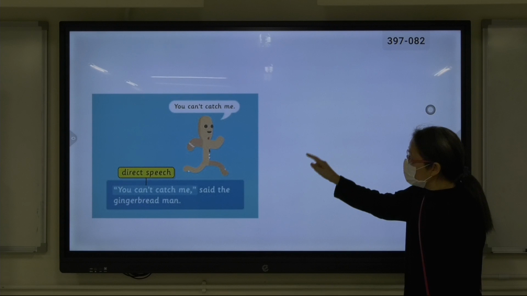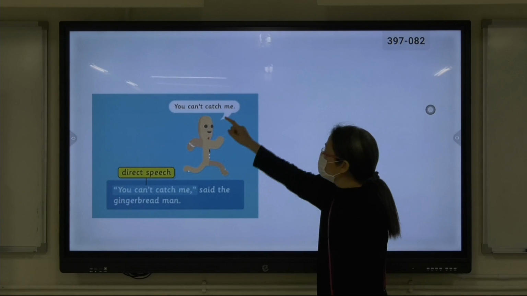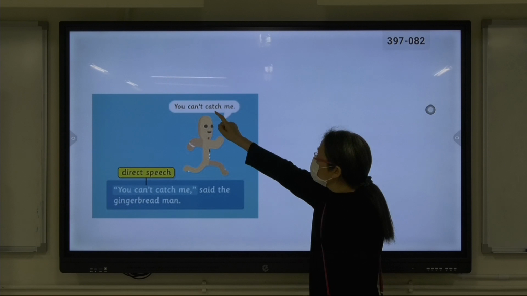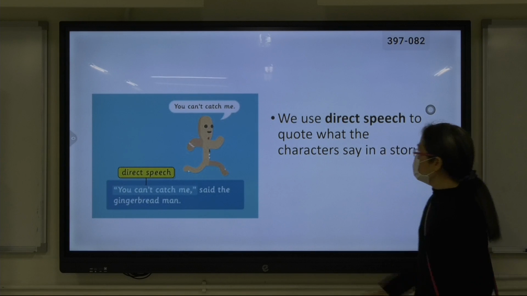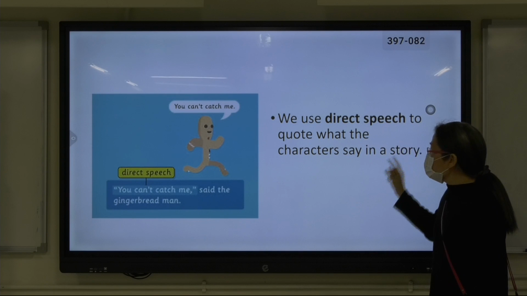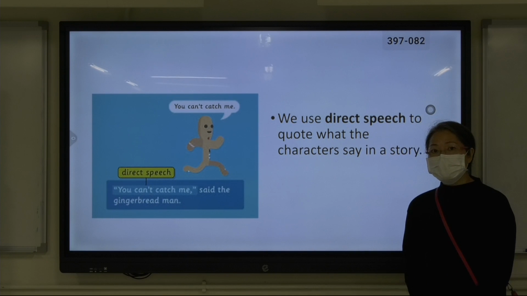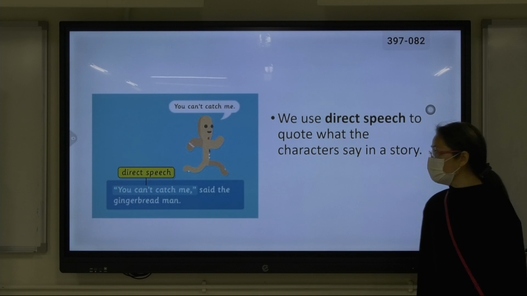Take a look. This is a direct speech: Okay, you can't catch me. We use direct speech to quote what the character says in a story.